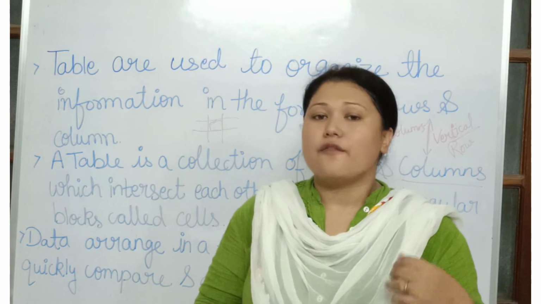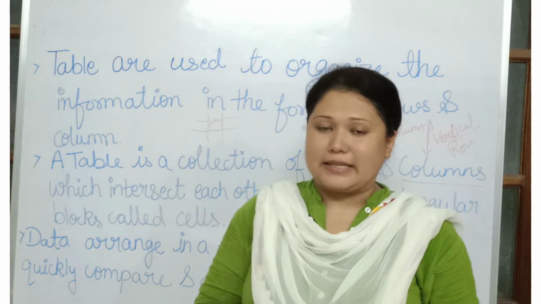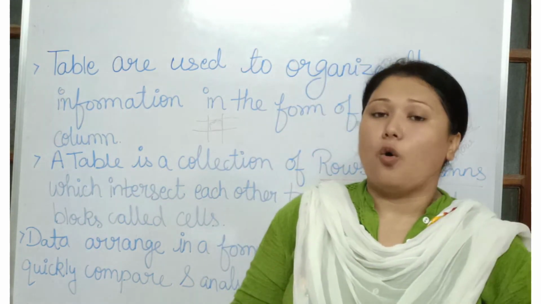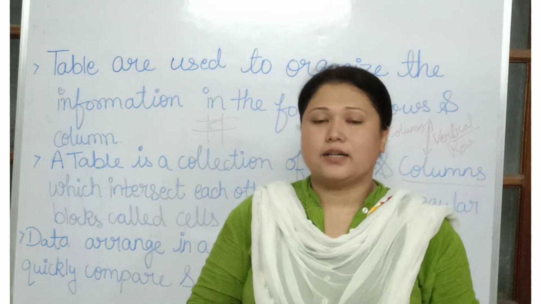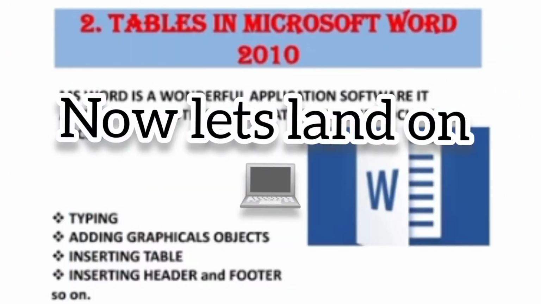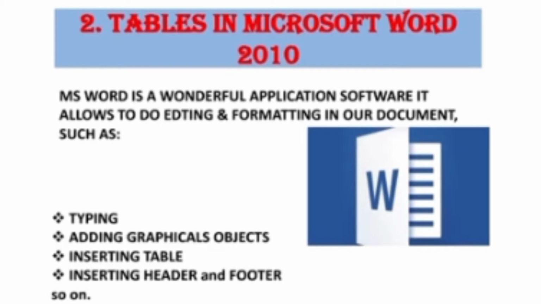Retrieve means whenever the information is needed, you can quickly open the file and get it. MS Word is a wonderful application software. It allows us to do editing and formatting in our document, such as typing, adding graphical objects, inserting tables, inserting header and footer, and so on. So these all come under editing and formatting.